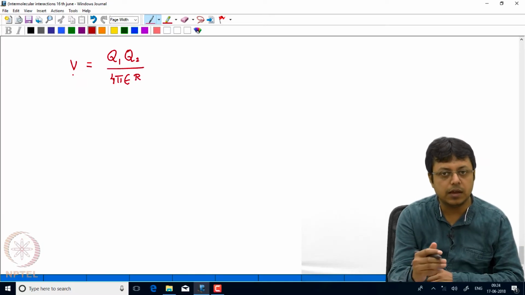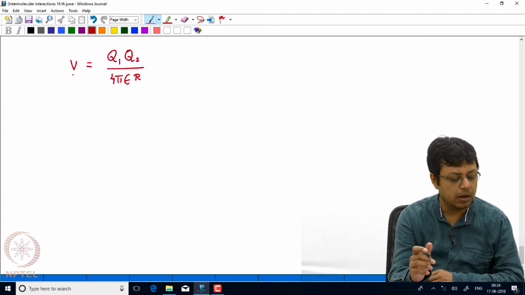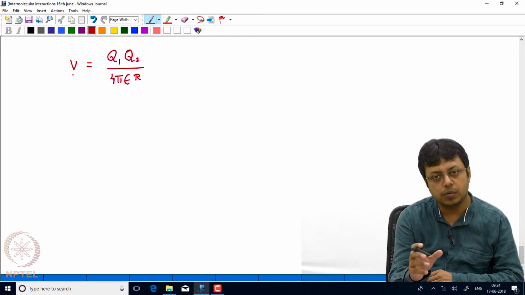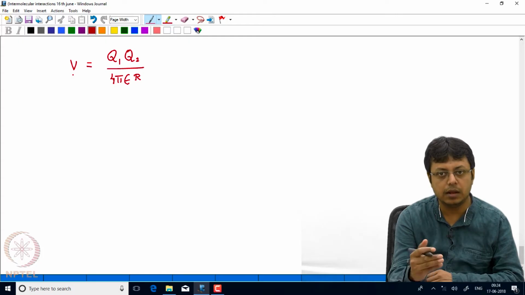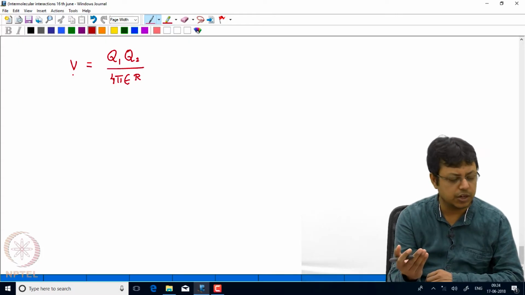Now the question is, if I have a monopole and a dipole, how is the interaction potential going to look? For that we have to know the location of the monopole with respect to the dipole. The usual convention is to take the monopole as a positive charge.